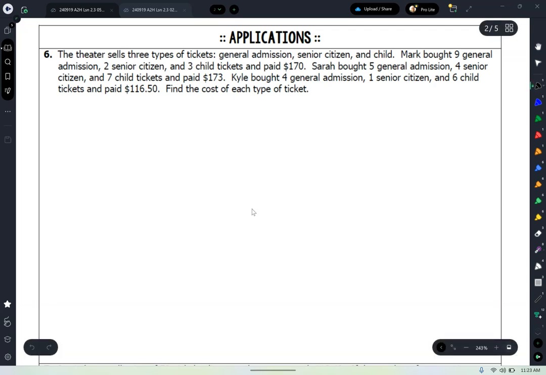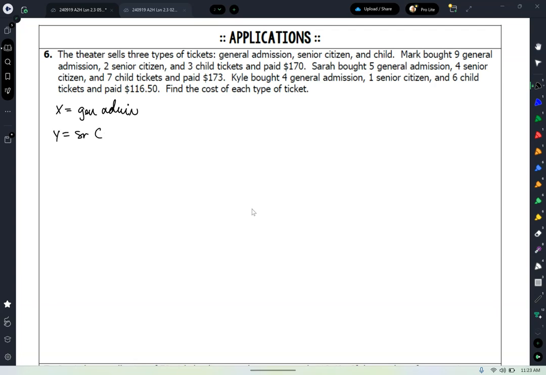I'm going to say X is going to be general admission, and then Y is going to be senior citizen, and then Z is going to be child. Okay, and then the space is yours. Use it how you will.